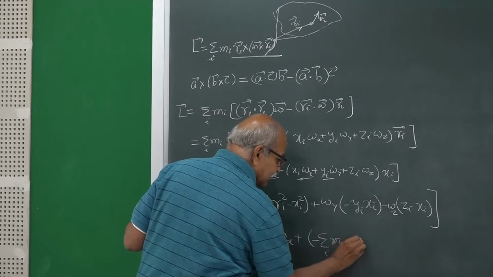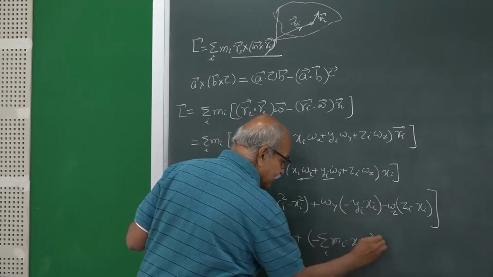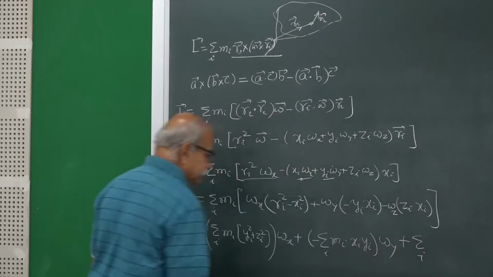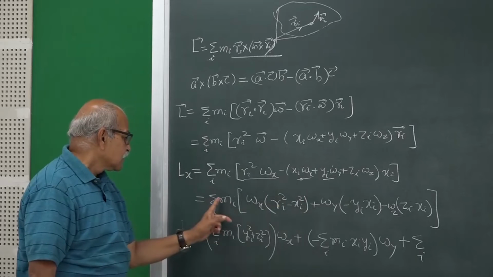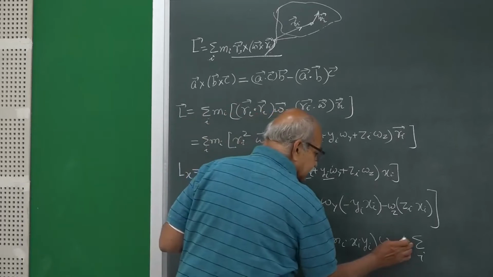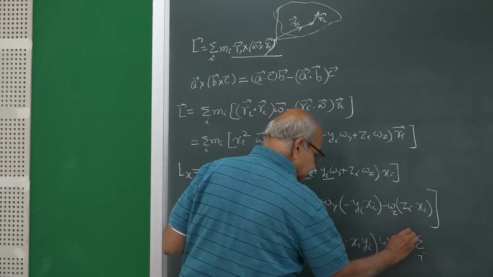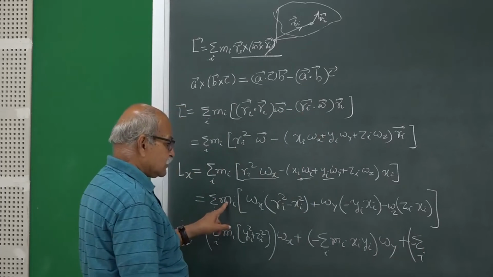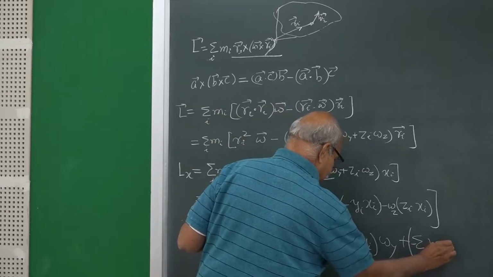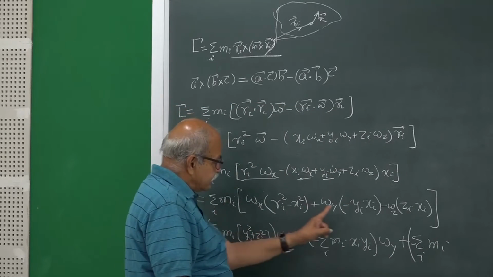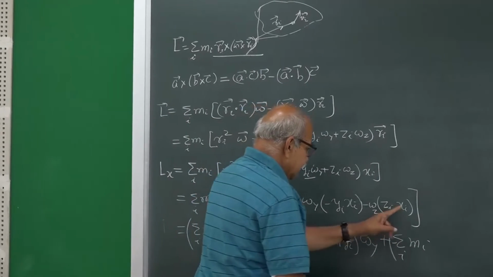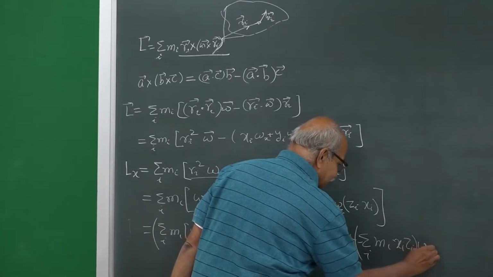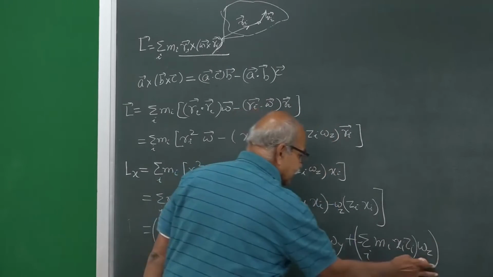So, let me write x_i y_i and then omega_y, and plus the other part, summation over i minus. So, let me write a bracket here and minus here. All right. So, it is m_i, and then it is x_i z_i. So, x_i times z_i, and that is omega_z, that is omega_z here.